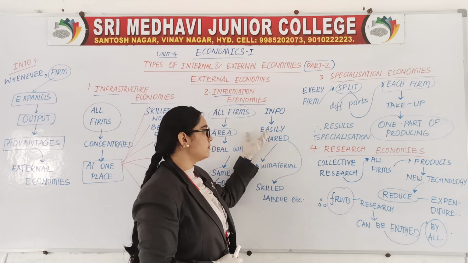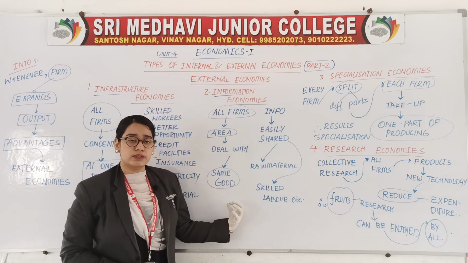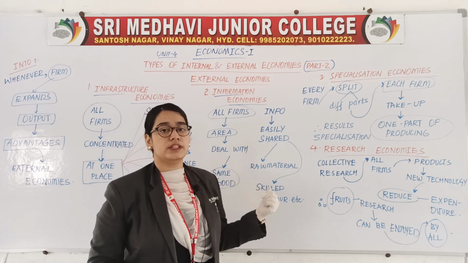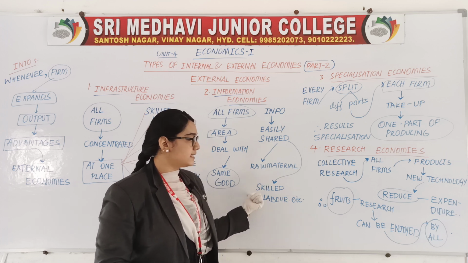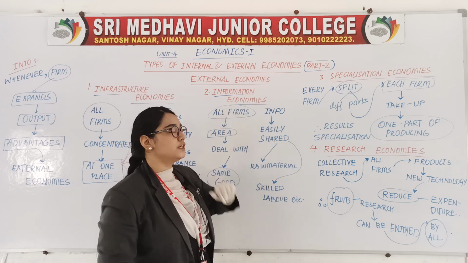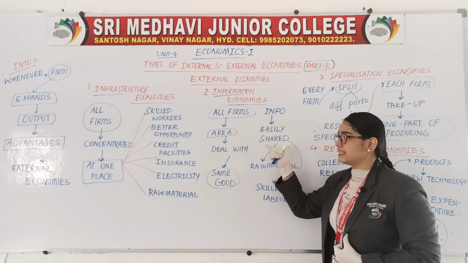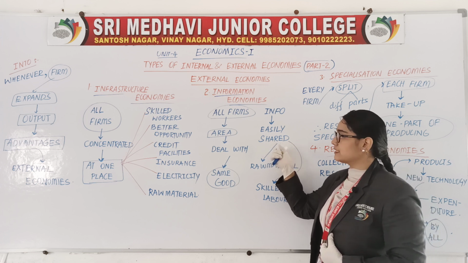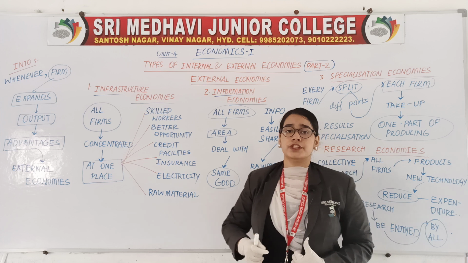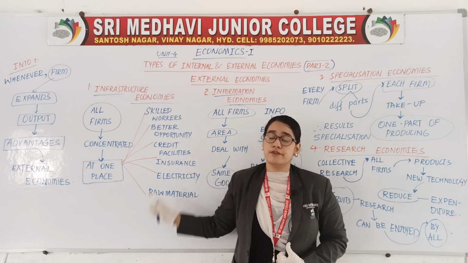All firms are in a particular area, they deal with the same good, then information can be easily shared about the raw material as well as the skilled labor. So this is termed as information economies. As I said, information can be easily shared. Because of this reason, we are terming it as information economies. What is the first type of economy?